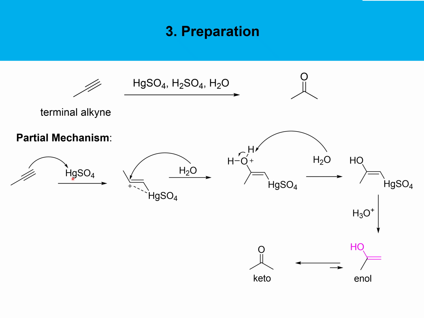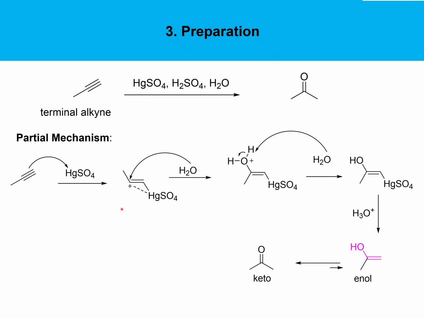Just the fact that it's sort of a metal also makes it electrophilic, and so it is attacked by the alkyne. At the same time, the d orbital electrons on this mercury will start to attack the developing positive charge on this carbon, the more substituted carbon of the alkyne.